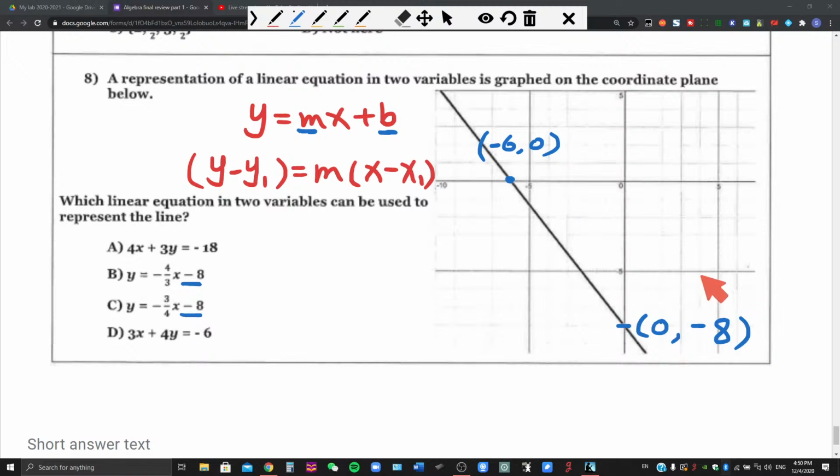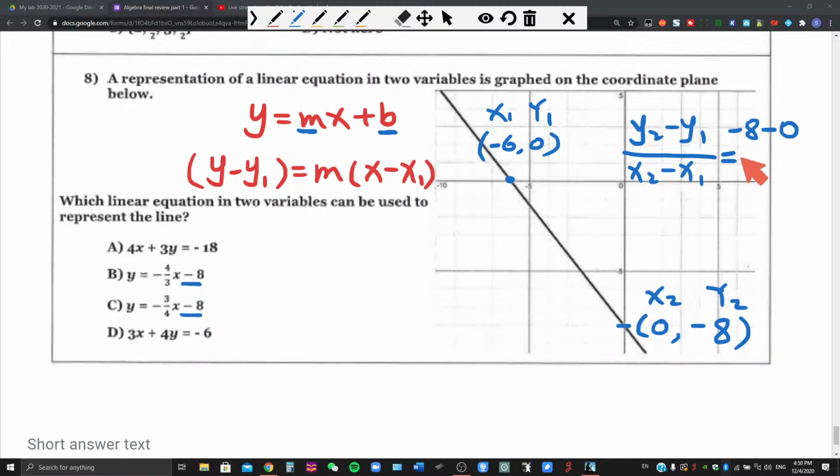When we do the slope, let's mark x1, y1, x2, y2, and use the formula y2 subtract y1 over x2 subtract x1. Let's do it. y2 is negative 8, subtract y1 is 0, over x2 is 0, subtract x1 is negative 6. Negative 8 subtract 0 is negative 8.